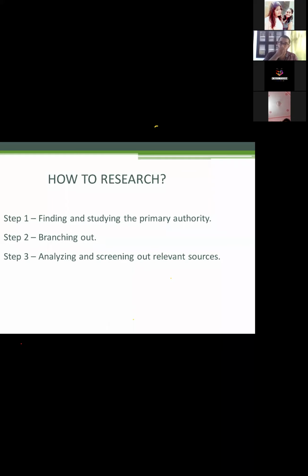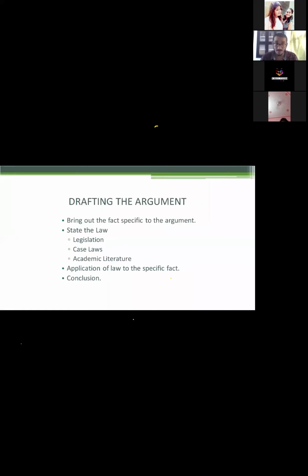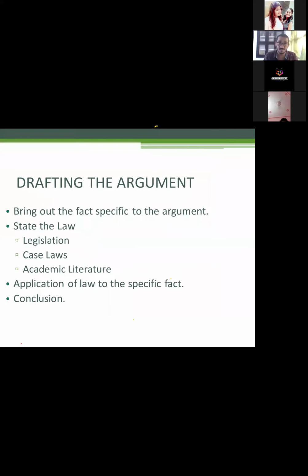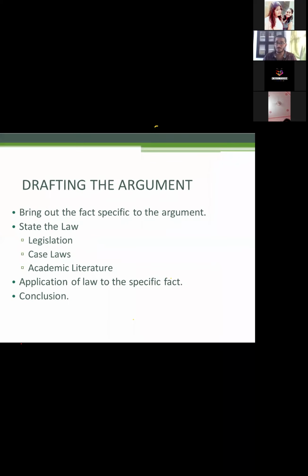Now, this researching and drafting the argument, it is not step by step. It does not go like you complete your research first and then you move on to your argument. That is not how it works. Once you have the issue sorted out, this research work and drafting the argument go hand in hand, because it works simultaneously.